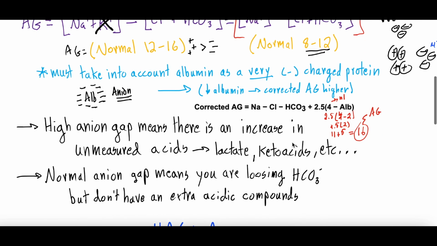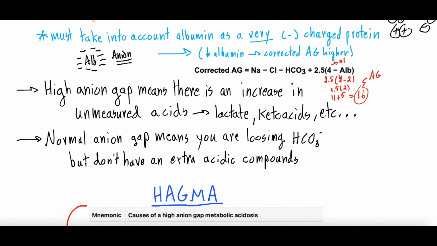Let's get into what exactly could be going on and how high versus normal anion gap helps us. Well, a high anion gap, or sometimes we just call it an anion gap metabolic acidosis, means that there are unmeasured acids floating around in the blood.